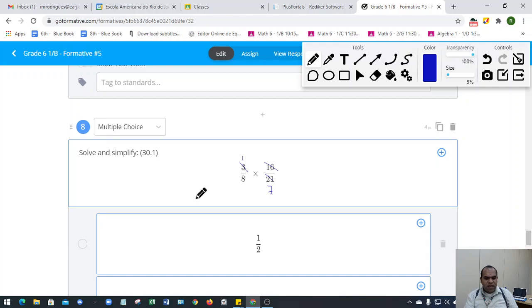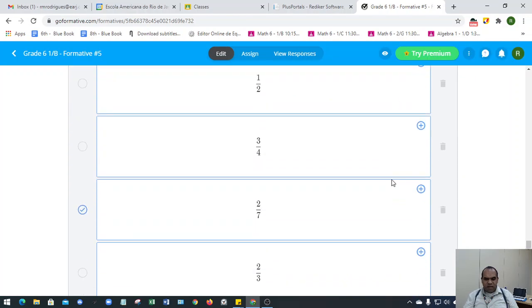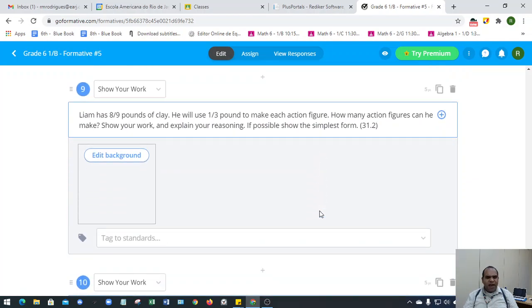And 16 and 8, I can divide by 8. I have 1 here and 2 here. Great, right now I can multiply straight across. 1 times 2 is 2. 1 times 7 is 7. 2 over 7. Do I have this one? Let me check. 2 over 7. Yes, over here.